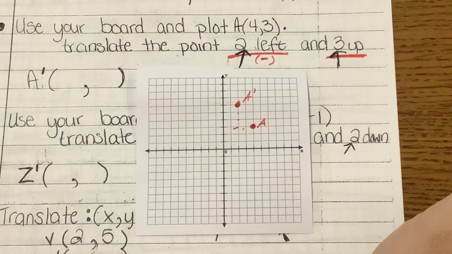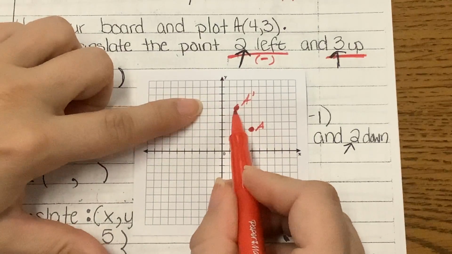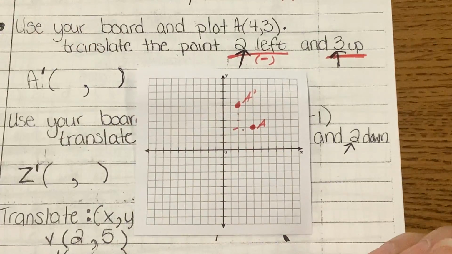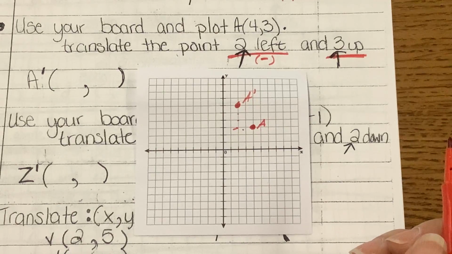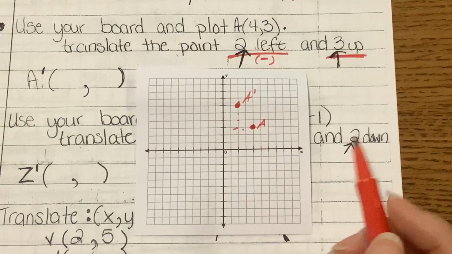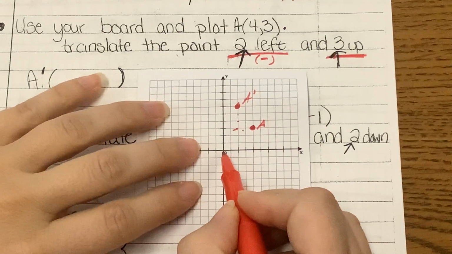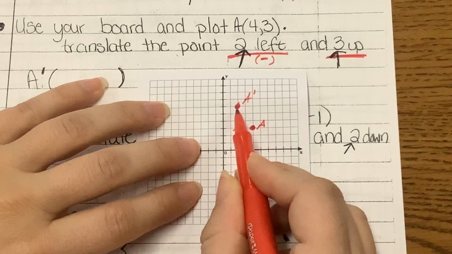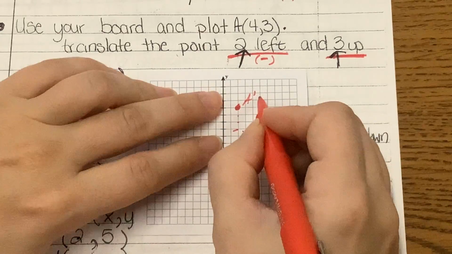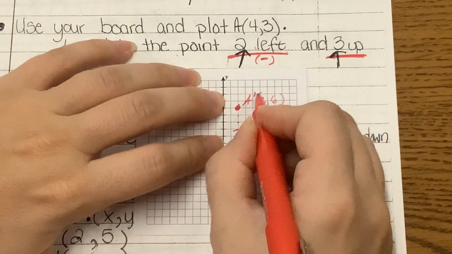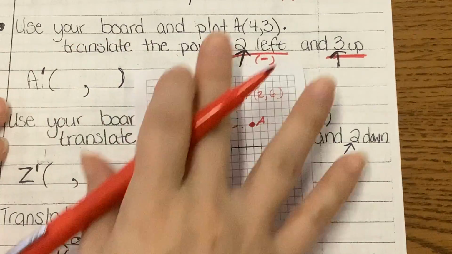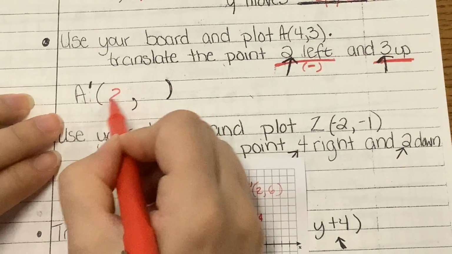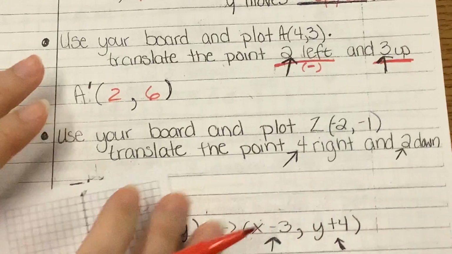Now, what is our new ordered pair? Okay, so count the x-axis first, so it's over 2 and up 6. So the new ordered pair is 2, 6. So that's what we're going to make a note of in our notes here, 2, 6.